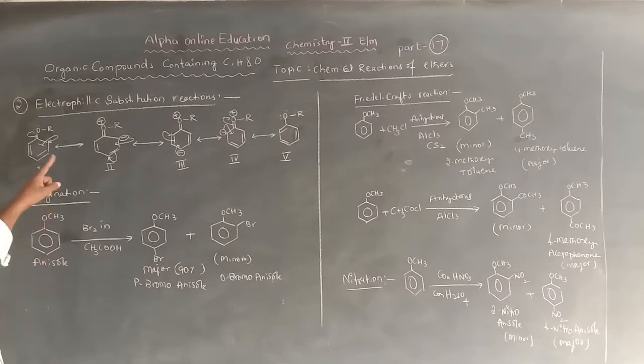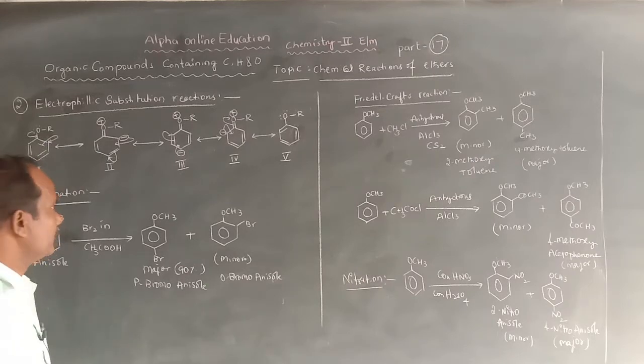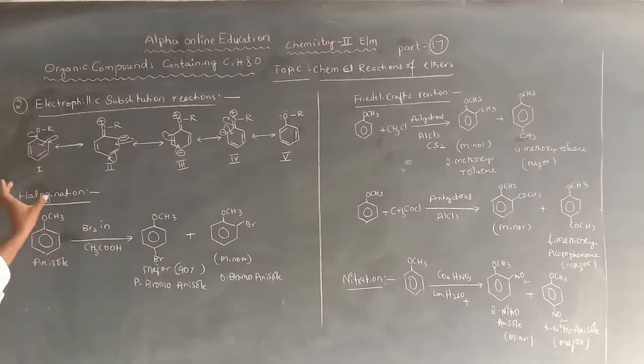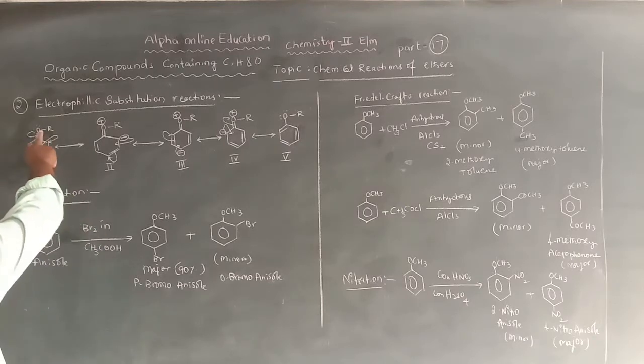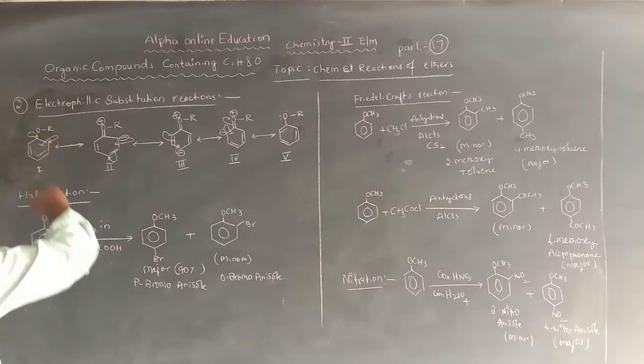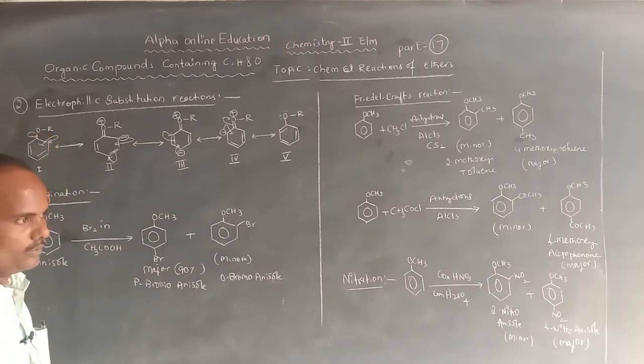When you observe the general structure of an aromatic ether, one end is an aromatic ring and the other end is, suppose, an alkyl or aryl group. Here the oxygen has two pairs of unshared electrons.